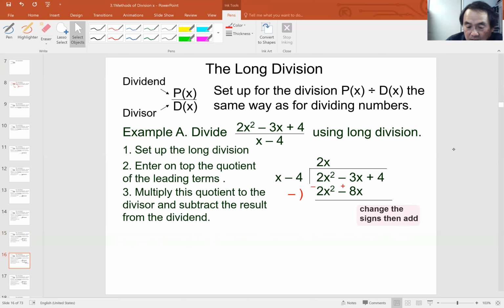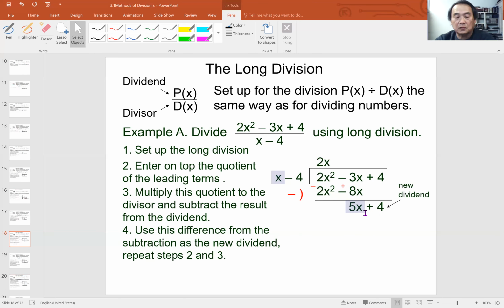You can do it some other way, but I do a little sign change on top and then add: 2x minus 2x is 0. That's the reason for the subtraction: you want to get 0 there, to wipe out the leading terms. Then minus 3x plus 8x gives 5x. Then you bring down the 4, and you continue.